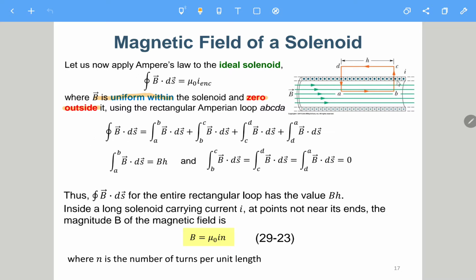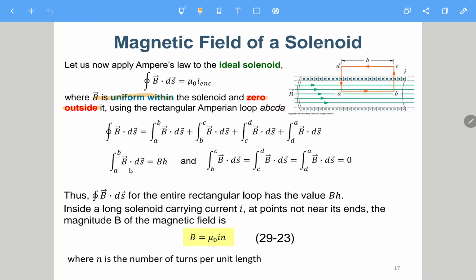The line integral is for this rectangle, so we can separate it into 4 parts because there are 4 sides: from A to B, B to C, C to D, and then D to A.